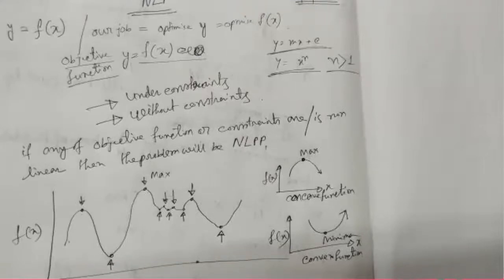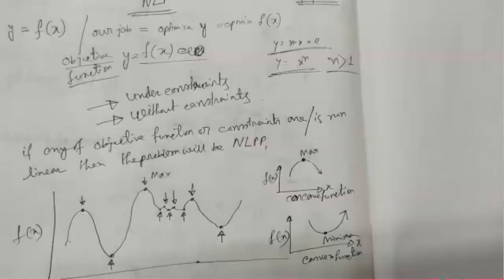There might be a chance that the objective function is linear and the constraints are nonlinear, and there is a chance that both the constraints and the objective function are nonlinear. So if any one of these two types of functions is nonlinear, or if everything is nonlinear, then it will be called a nonlinear programming problem.